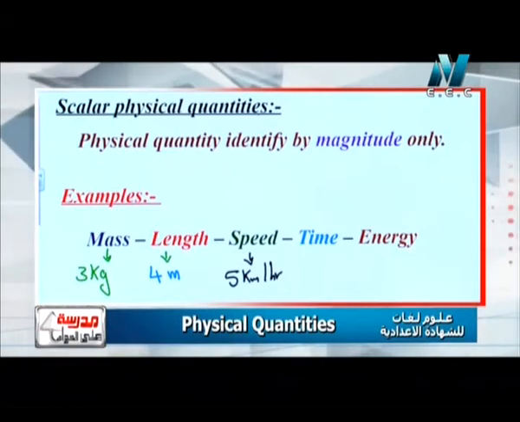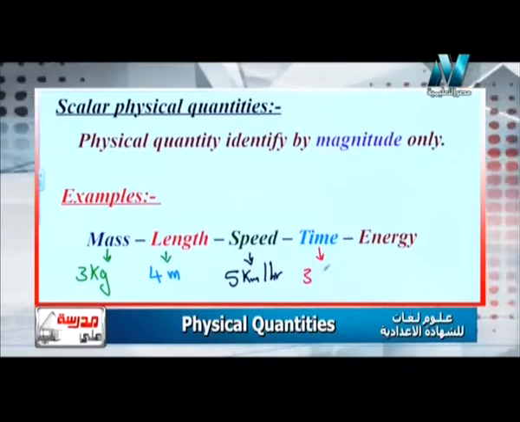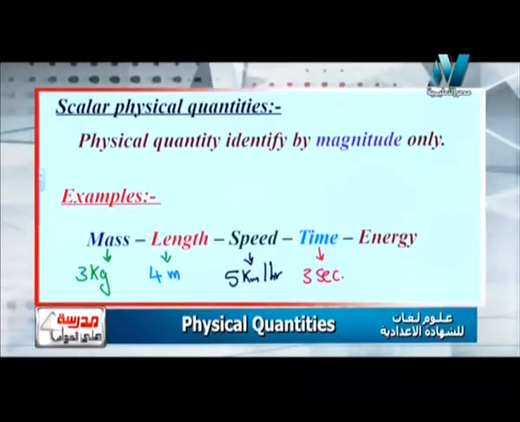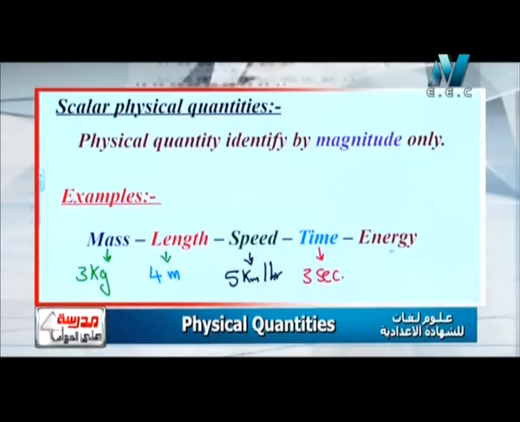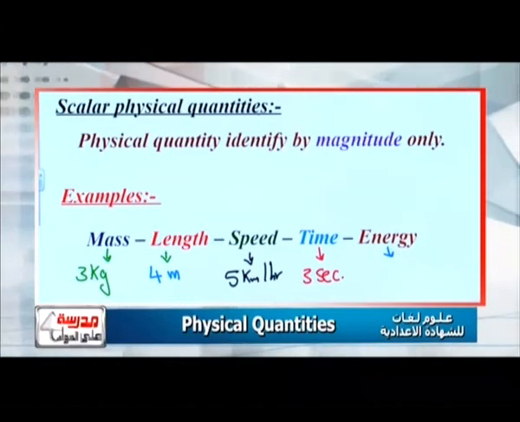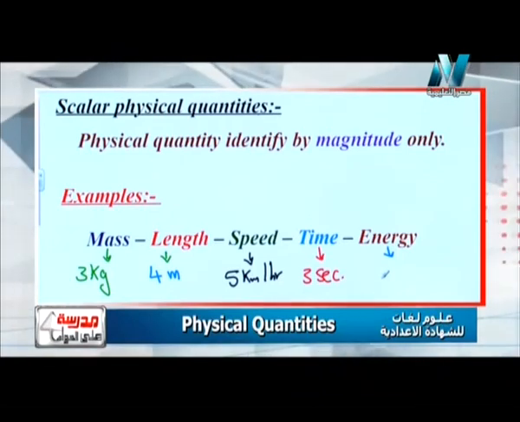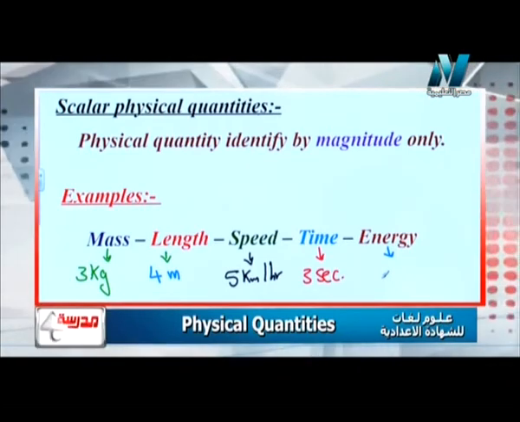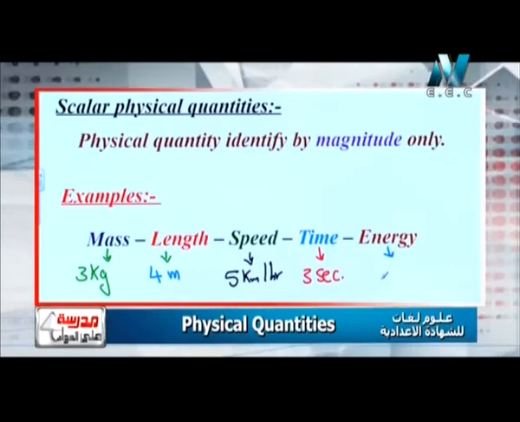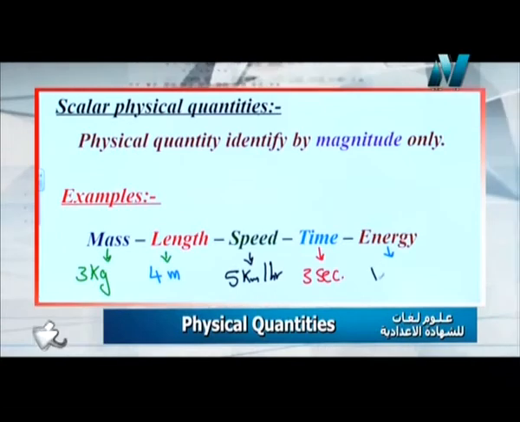About time, we can say 3 seconds. About energy, like we studied before in the first primary stage, mechanical energy or kinetic energy or potential energy, we can say, for example, 1 joule.